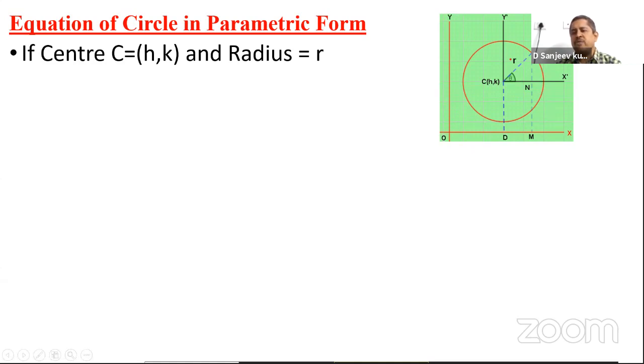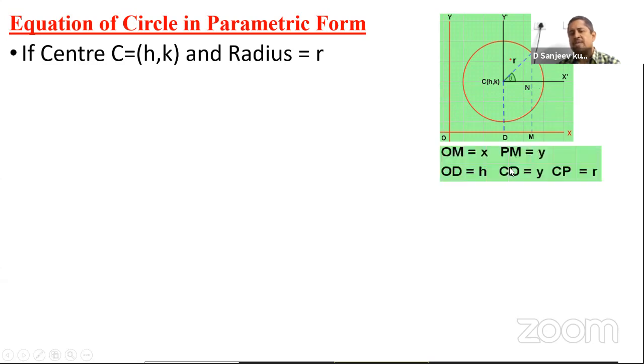From this P, if you drop a perpendicular onto the x-axis, PM is perpendicular to the x-axis. From the center C also, if you drop a perpendicular on the x-axis, you get CD. And the perpendicular PM meets this x-dash axis at a point N.